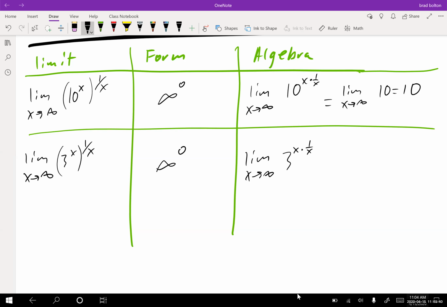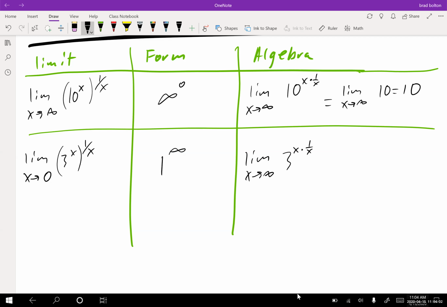Hold on, I messed up a little bit. Let's go back. I'm supposed to be doing this limit as x approaches 0. I'm sorry about that, otherwise it would be identical to the previous problem. So this is actually 3 to the 0, which we know is 1, and 1 over 0 is infinitely large.